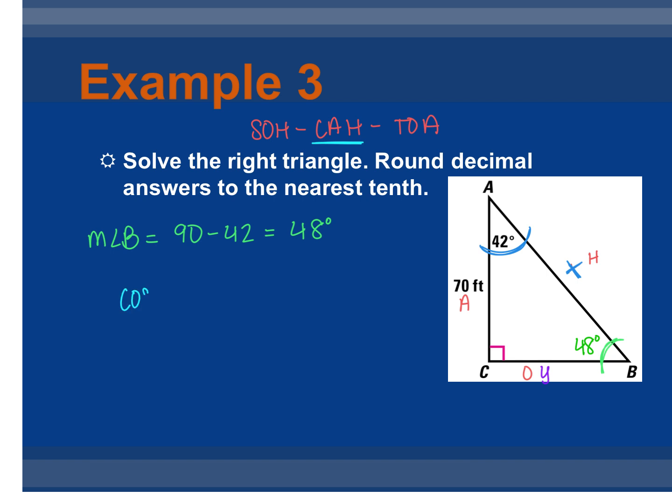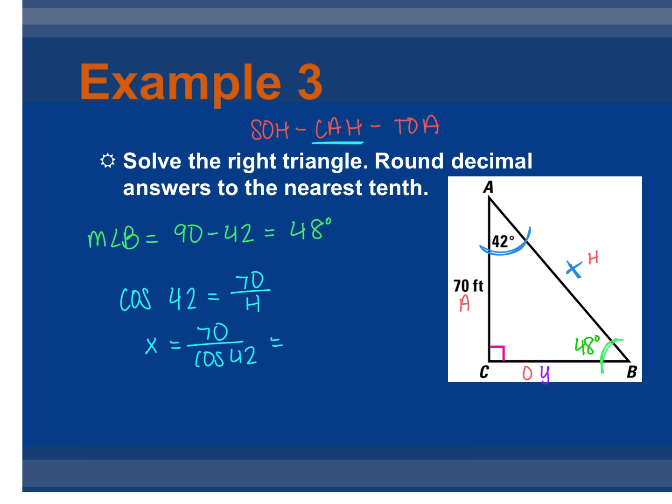So I have cosine 42 equals 70, my adjacent side, over my hypotenuse. And solving, again with practice, if your variable's in your denominator, you're solving it as, we'll represent it as x equals 70 over cosine 42.